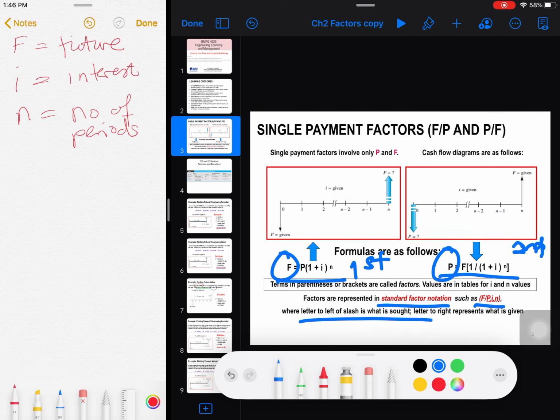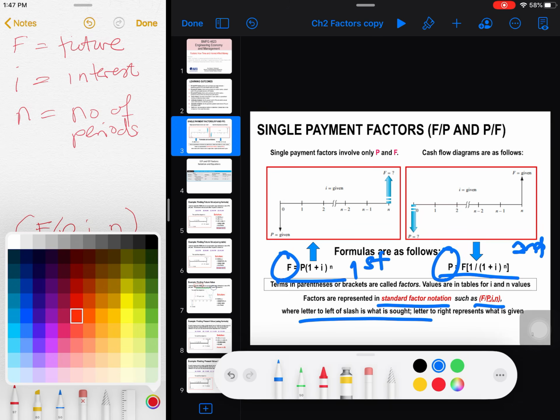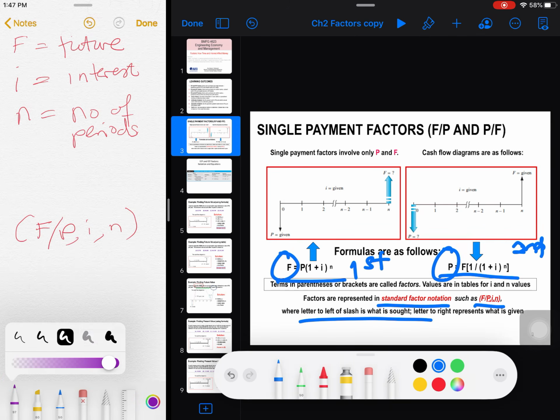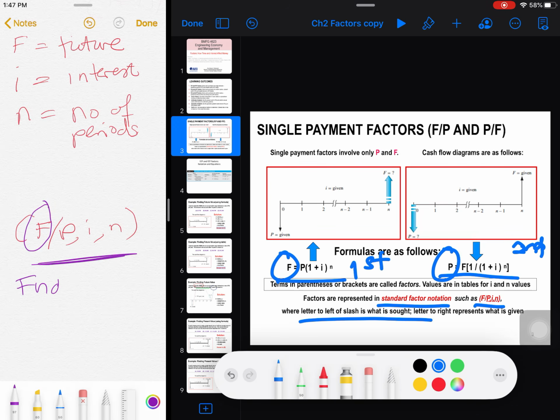For example, if it is written F over P, comma I, comma N, in brackets, the left of the slash is F, and it says find F given I and N.